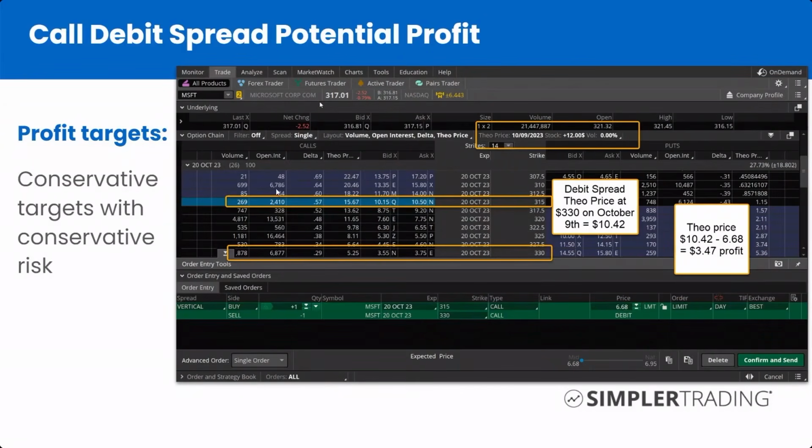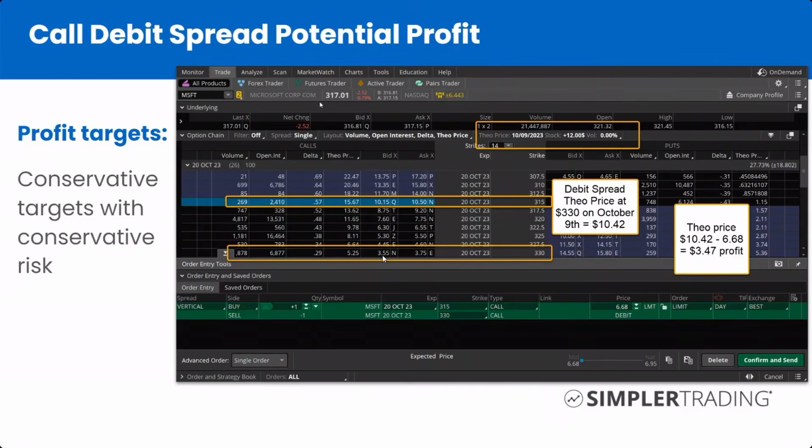So let's price out, what if I hit my profit target a little bit more than a week early? What would that look like for me? By throwing the Theo price tool on, you can see that these long 315s that are going for between $10.15 and $10.50 would be going for about $15.67. So what about the ones that I sold?